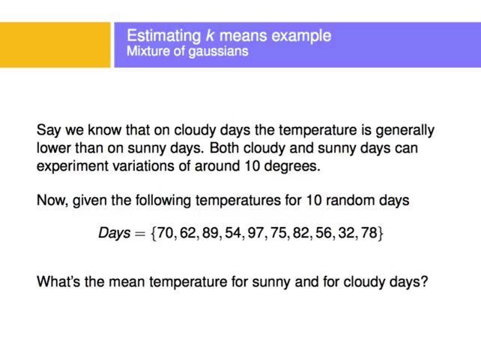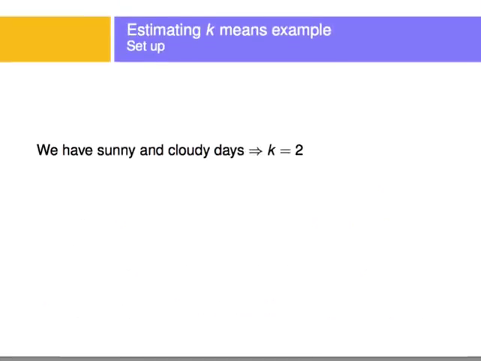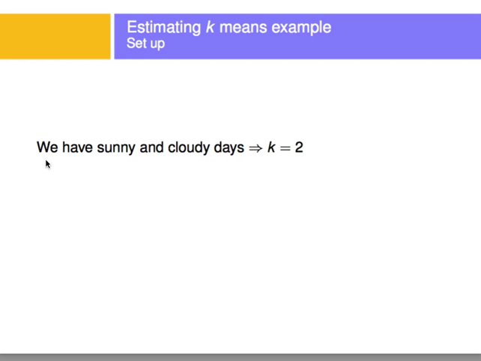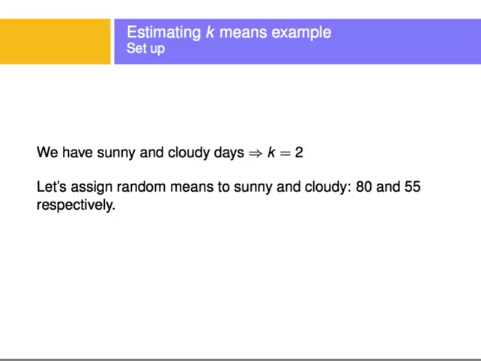So the first thing that I do is set up the problem. We have sunny and cloudy days, so two kinds of days. So K is 2, okay? Then let's assign random means to sunny and cloudy days.